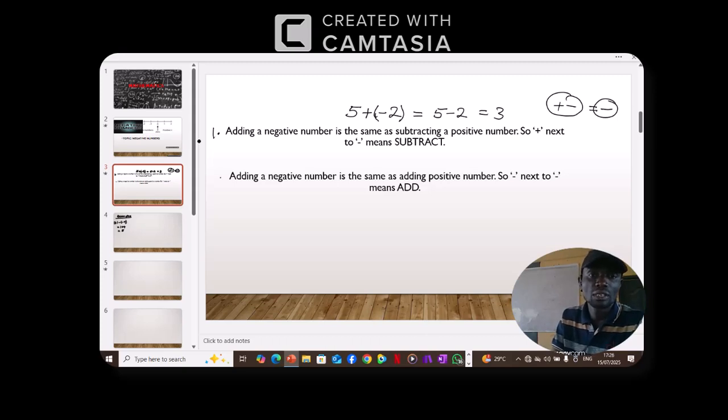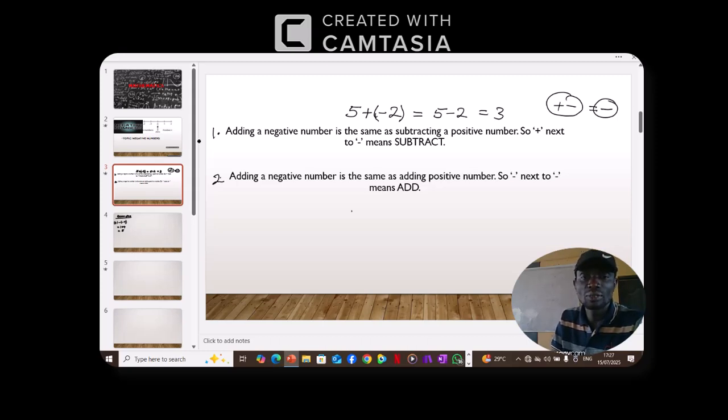Now the second one is subtracting a negative number is the same as adding a positive number. So minus next to minus means add.